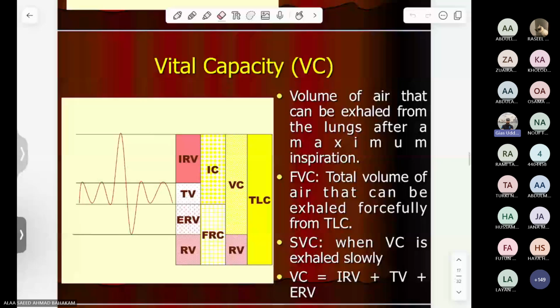What is the difference between these two? What is forced, what is slow? It is written here on the slide. Exhaled forcefully, that is the forced vital capacity. And the slow vital capacity: exhaled slowly.